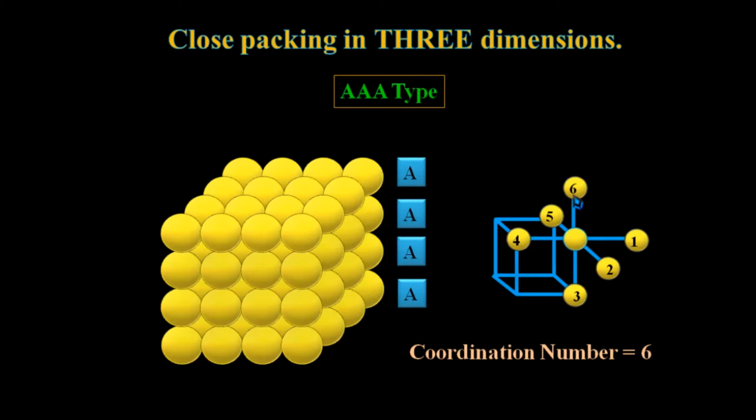Out of these six, these four lie in the same plane, one is above the plane and one is below the plane. Hence, the coordination number of each sphere is 6 in the simple cubic structure. In this type of structure, there is more empty space in the crystalline structure.